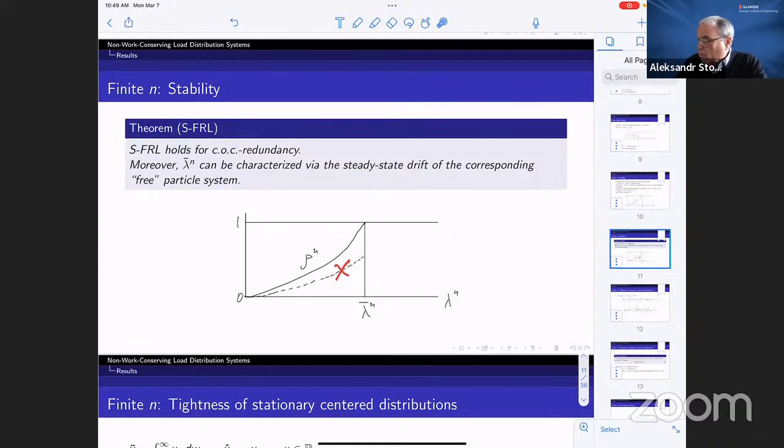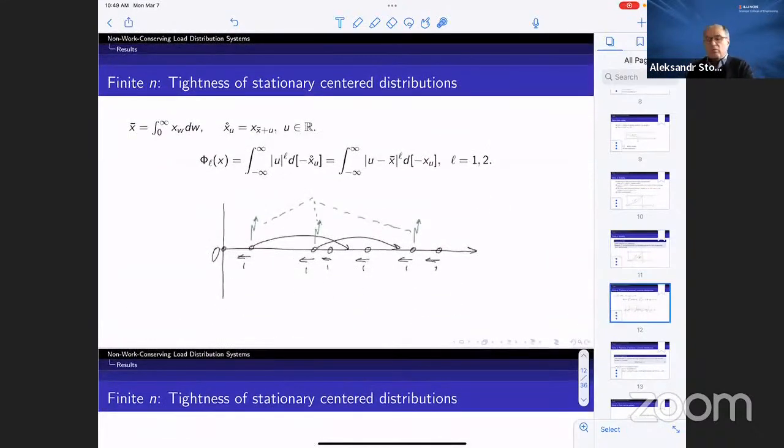Okay, so there is something else that we can do for the finite n system, and something which we will very substantially use later in the asymptotic analysis, is the tightness of the centered distribution. Remember x is the distribution of particles. So x bar is the average of the allocation, the center of gravity. And suppose circle x is the distribution of particles centered at the mean, at the center of gravity.